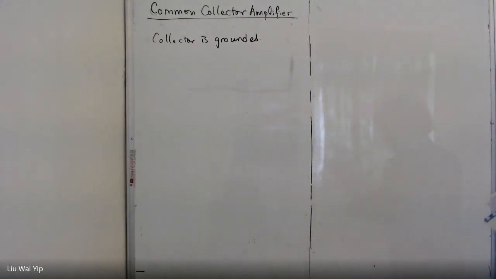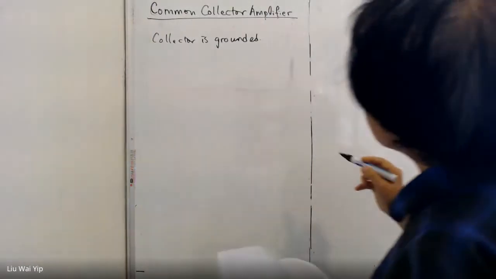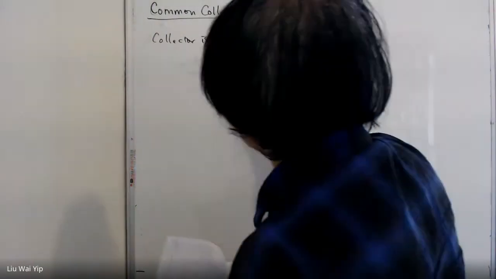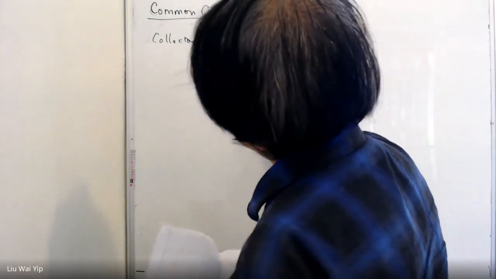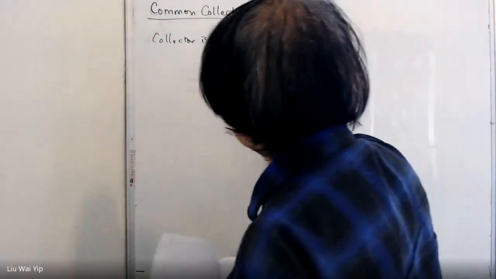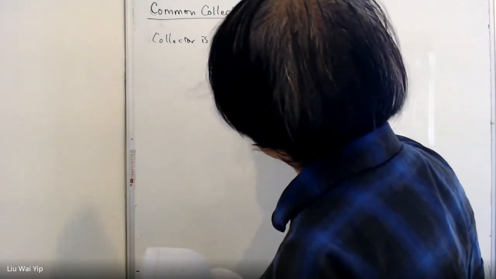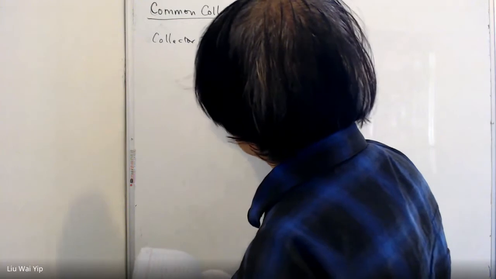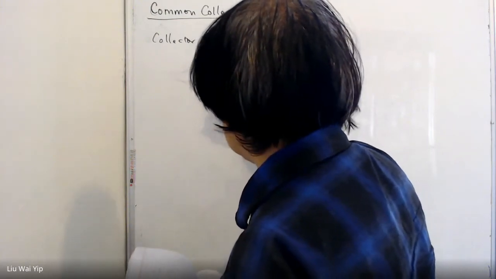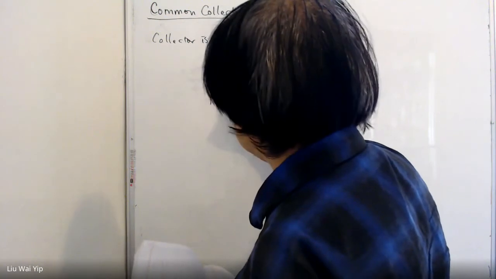And the most popular circuit topology for common collector amplifiers is like this. We have a source voltage, and there isn't any resistor between the voltage source and the collector. Instead, the collector is connected straight to the voltage source.